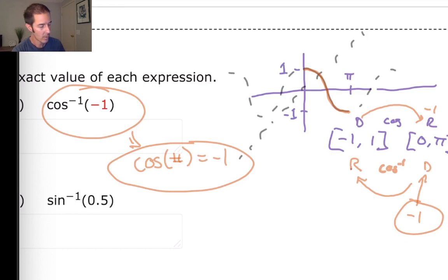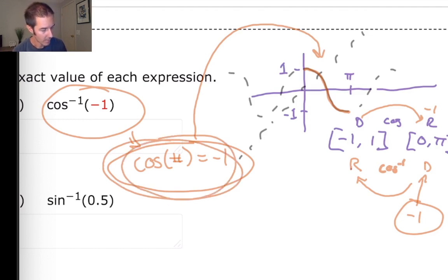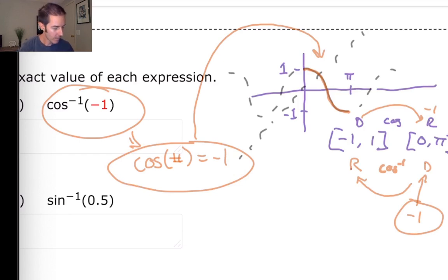I also encourage you to use this graph. This is the graph of the cosine function, which is good because what I'm circling here is the cosine function. I'm looking for an input value that gives me an output value or a y value of -1. Look over at this graph with me.